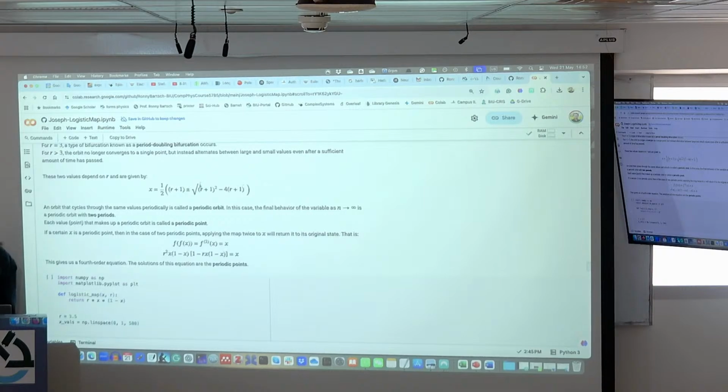Then an orbit that cycles through the same values is called a periodic orbit. In this case, the final behavior of the variable as n goes to infinity is a periodic orbit.